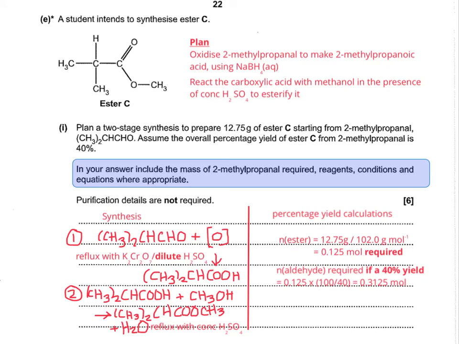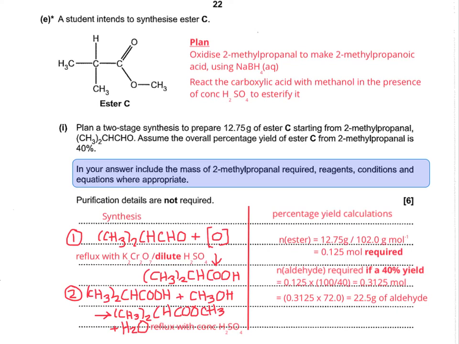But if there's a 40% yield, then you need to factor that in by multiplying the number of moles of aldehyde you'd normally expect times 100 over 40, so that gives you 0.3125. That means you'd need 22.5 grams of aldehyde.